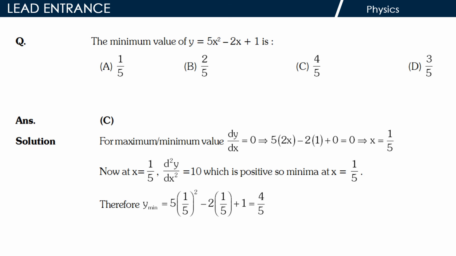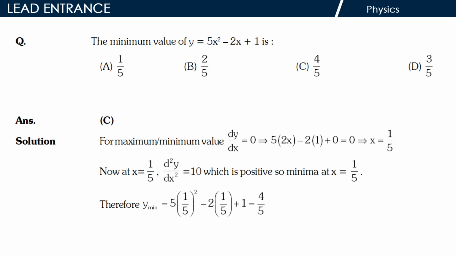Solution. For the minimum value, dy divided by dx is equal to 0. Then 5 into 2x minus 2 into 1 plus 0 is equal to 0. Then x is equal to 1 divided by 5. Now d square y divided by dx square is equal to 10, which is positive, so there is a minimum at x is equal to 1 divided by 5.